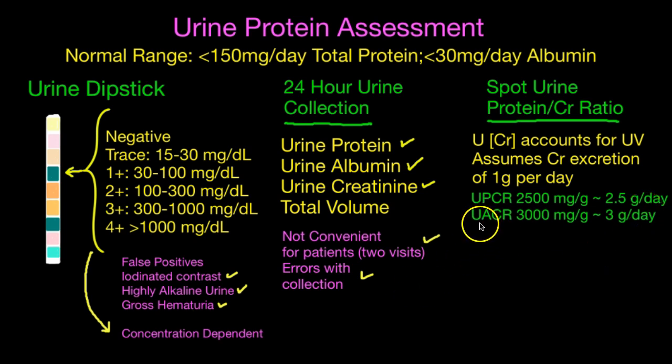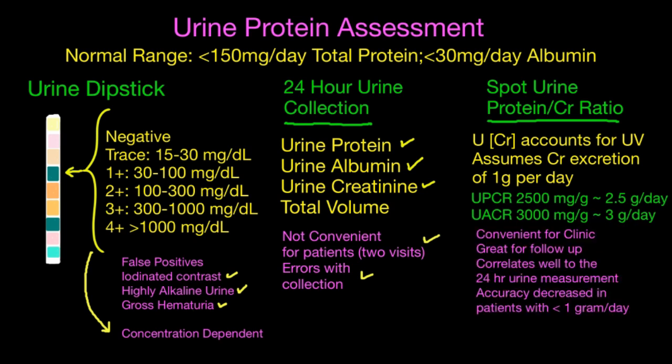Also, if we ordered the urine albumin creatinine ratio, let's say we're only interested in albumin, 3,000 milligrams per gram of creatinine, that's about equal to 3 grams of albumin being excreted per day in the urine. So this is how we use these ratios. And like I said, it assumes that creatinine excretion is 1 gram per day, and so that makes the math pretty easy.